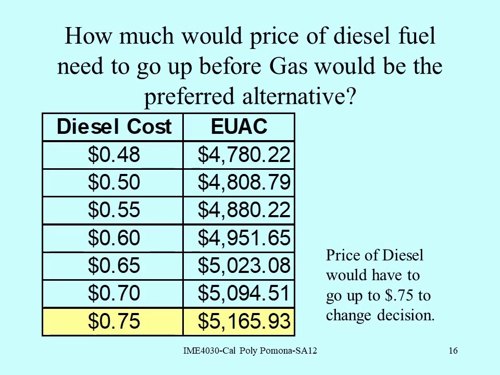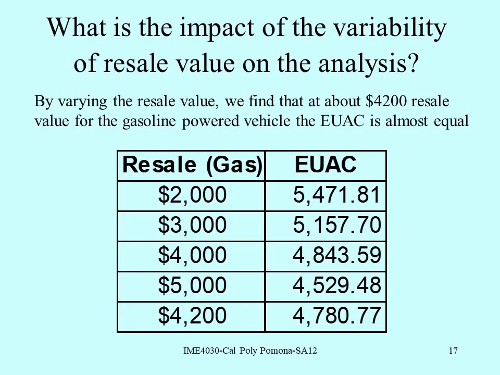Well, let's examine another parameter. Let's go to slide number 17. Let's see what the impact would be if we were to be incorrect or have some variation in the resale value of the gasoline-powered car. We used 3,000 in our analysis, but if we look at some other values, what does that do to our EUAC? And you can see the impact there, and it turns out that if the resale value was 4,200 instead of 3,000, the gasoline alternative is actually equal to the diesel alternative.